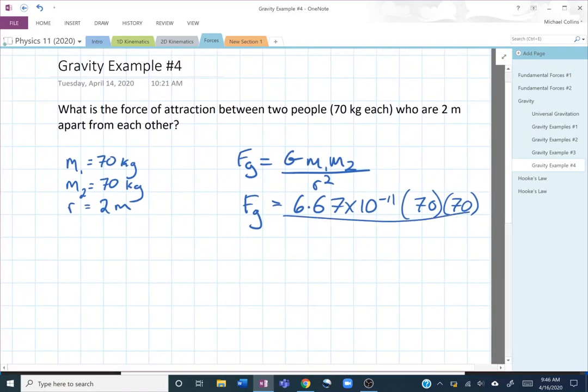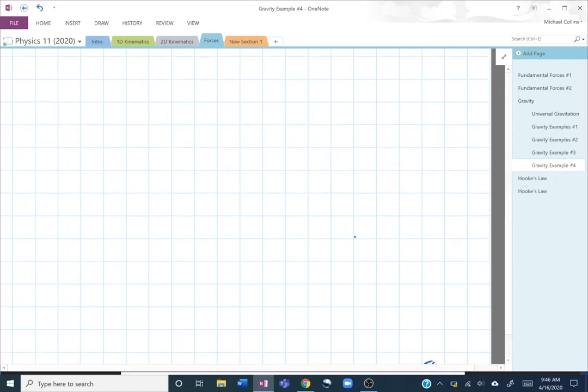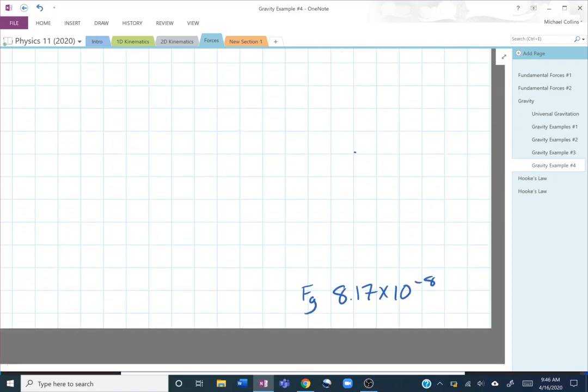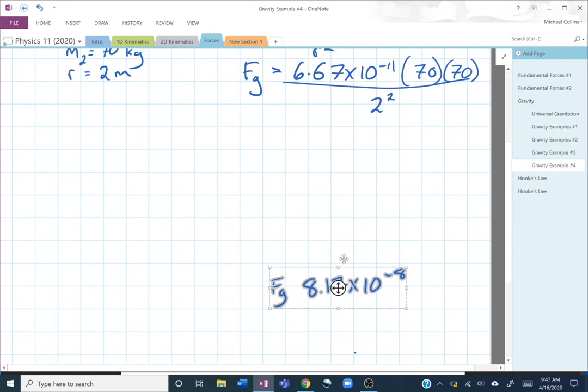That's a horrible squared. I'll try that again. I'm starting to rush a little bit. I'm worried about my battery. I got a battery signal. And what I get is that Fg is equal to 8.17 times 10 to the negative 8.